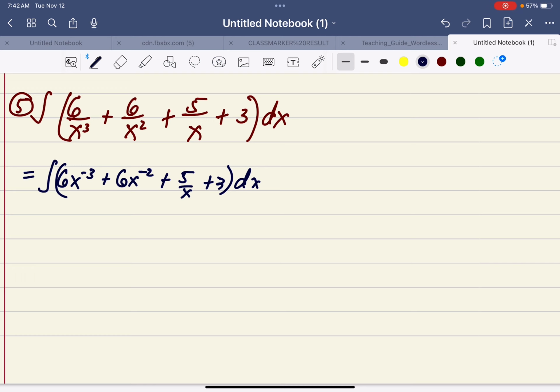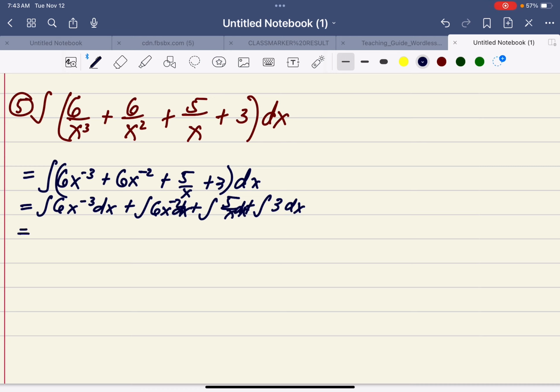Then, since we have a coefficient, we write that coefficient. I know, distribute first the integral symbol. So this will become integral of 6x raised to negative 3 with respect to x plus antiderivatives of 6x raised to negative 2 plus antiderivatives of 5 over x plus antiderivatives of 3 with respect to x. Ala, I forgot the dx. Okay.